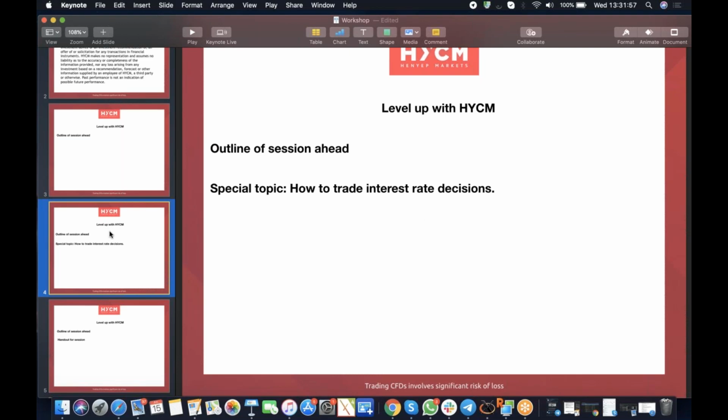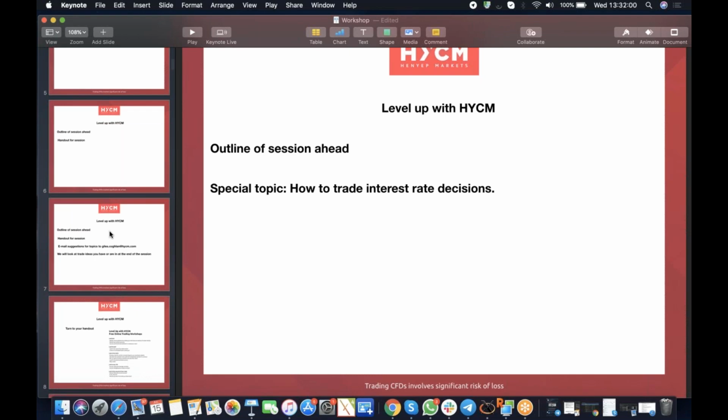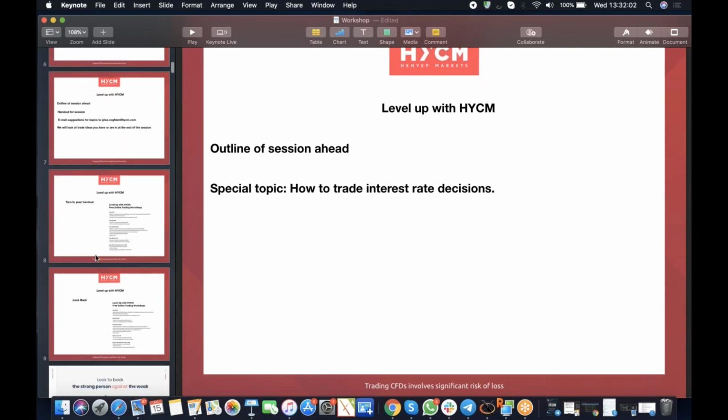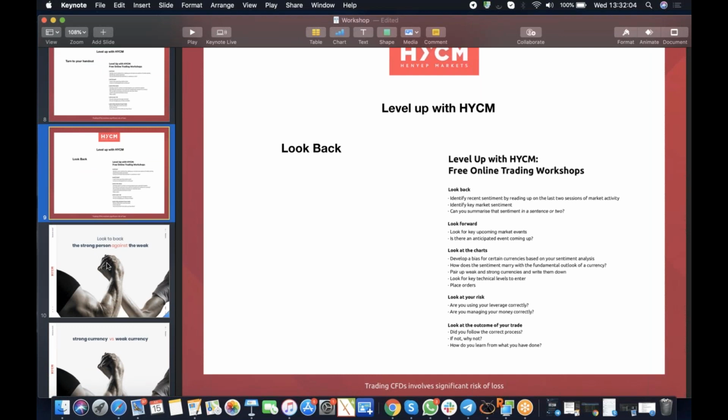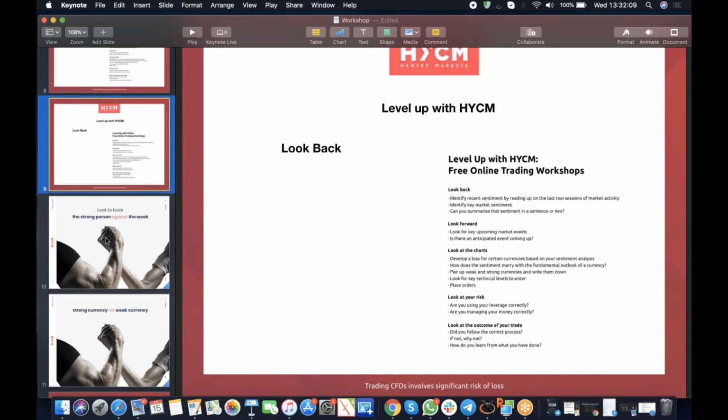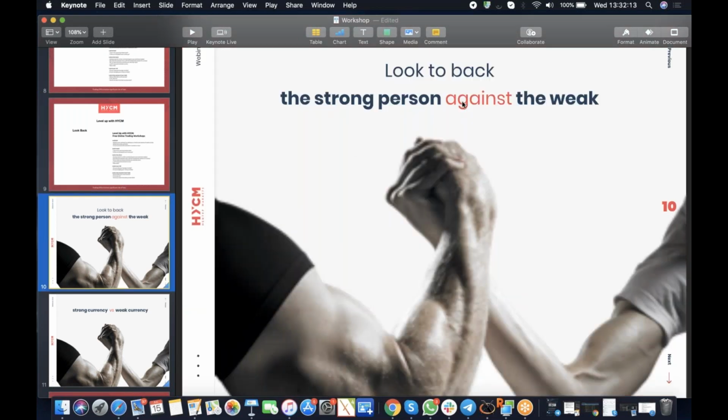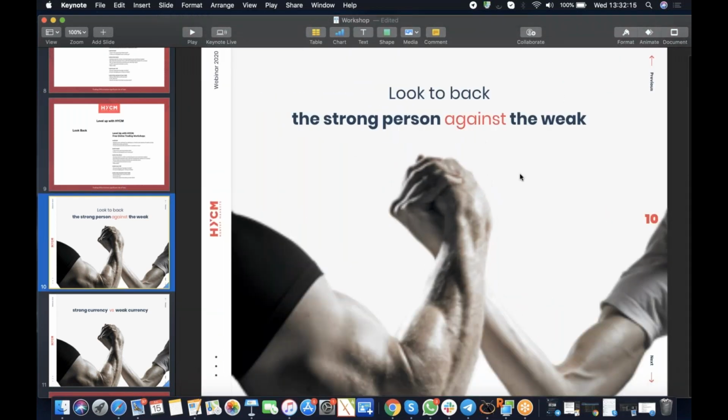As we start the session, the thing I want to draw your attention to is this key principle. The key principle we're looking at in trading is pairing strength against weakness. Particularly in trading currency pairs, we always want to back a strong currency against a weak currency.